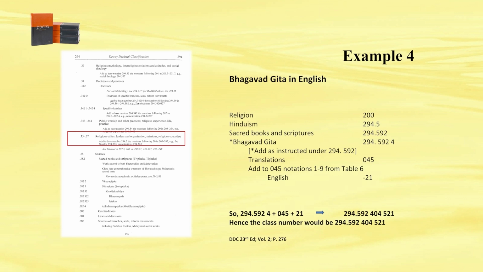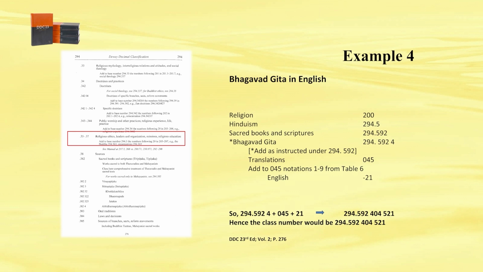So, you can find in page number 276, that is Bhagavad Gita, which is started with a mark asterisk, and in the bottom there is written add as instructed under 294. The asterisk means here add as instructed under 294.592.